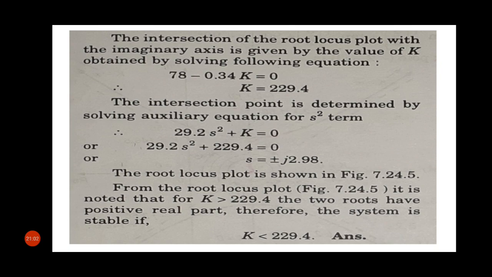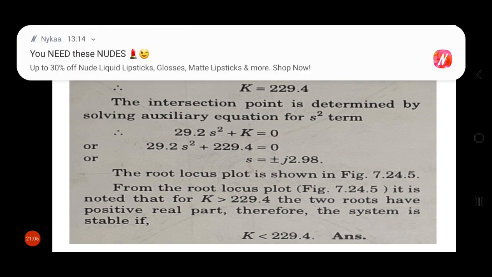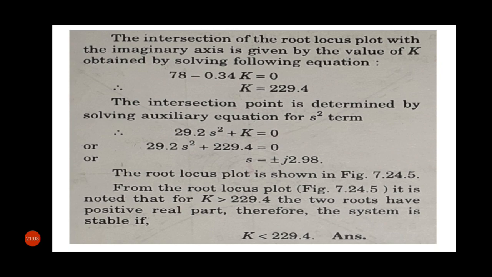Okay, so the intersection point is determined by solving the auxiliary equation for the s square term. Here, the auxiliary equation means the row above, that means 78 minus 0.34k.